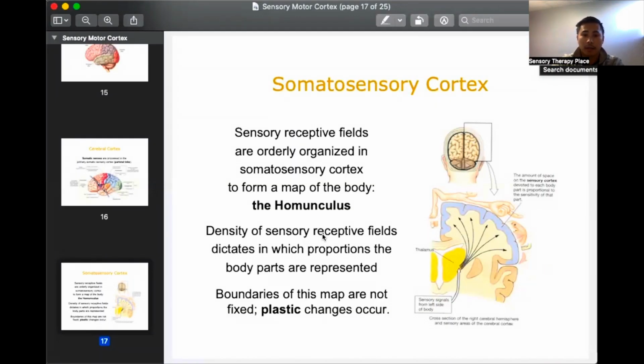In our clinic at Sensory Therapy Place, we use touch as a modality in our approach to the brainstem and sensory motor cortex, and it's rooted in its direct influence on primitive brain function, as well as sensory motor integration development, proprioceptive feedback, and emotional regulation.